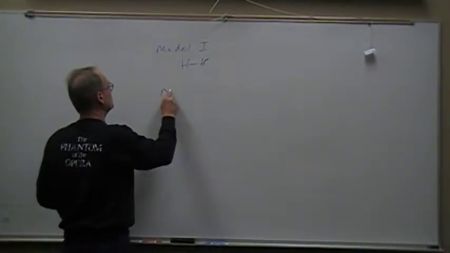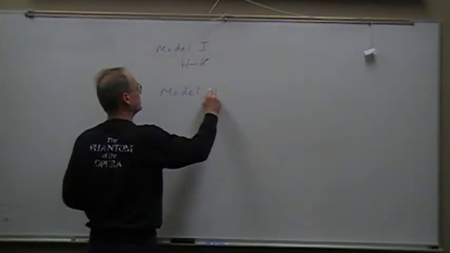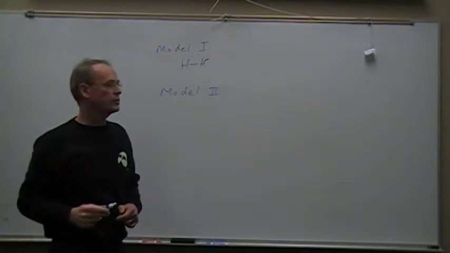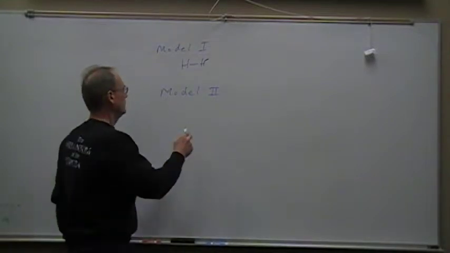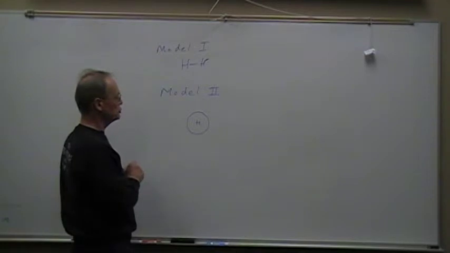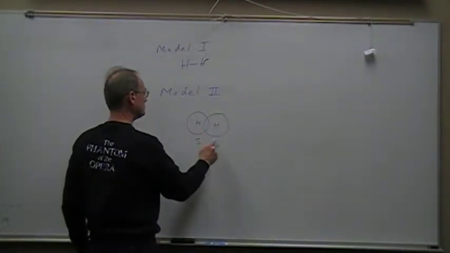Model number 2 is a little bit more sophisticated and looks at overlapping atomic orbitals. So let's just review very quickly what orbitals are overlapping when you have a molecule of H2. Obviously in one atom you have just an s orbital, and in the other atom you have another s orbital.